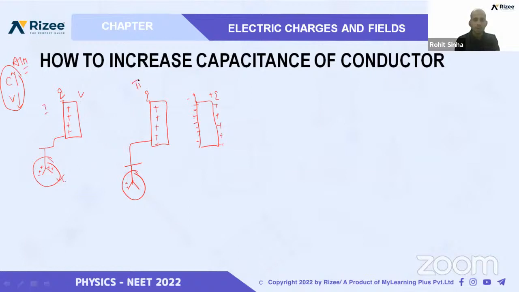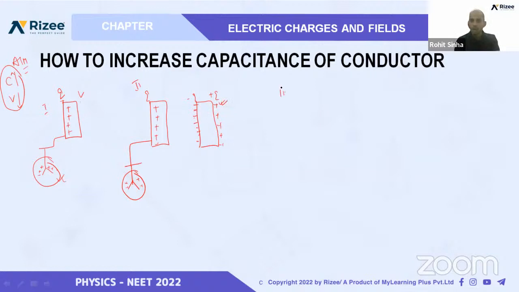In the second case, since this negative charge is bound with the positive charge, the deflection will decrease very slightly. But it is not decreasing sufficiently because of the charge present on the other side of this plate.